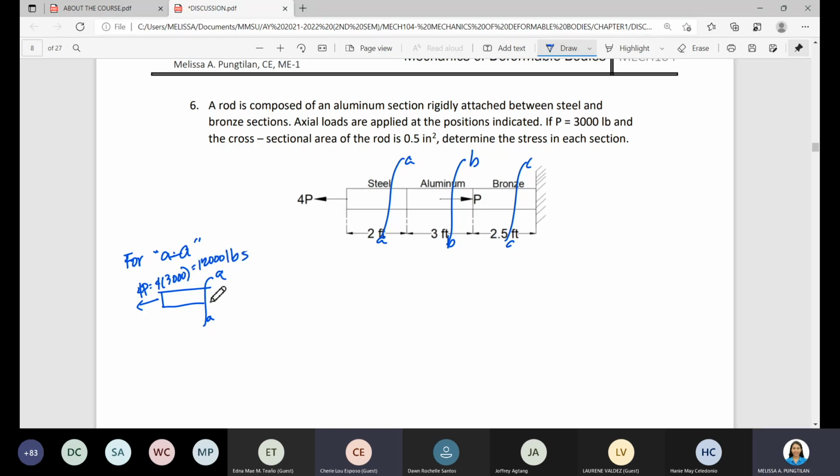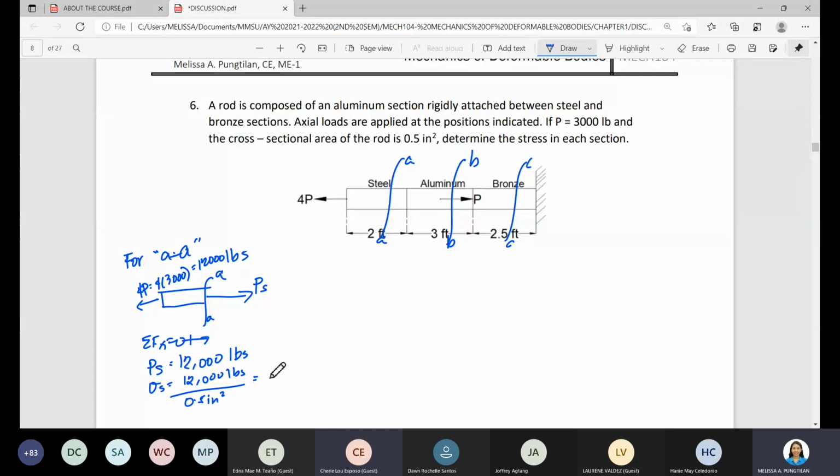Then, let's say we have here force PS. So, taking the summation of forces along x direction is equal to 0, to the right is positive. So, we have PS is equal to 12,000 pounds. So, the stress is equal to 12,000 pounds all over the area, which is 0.5 square inches.